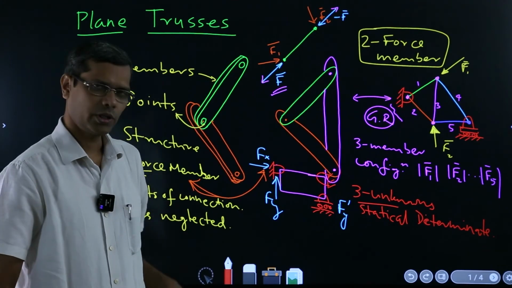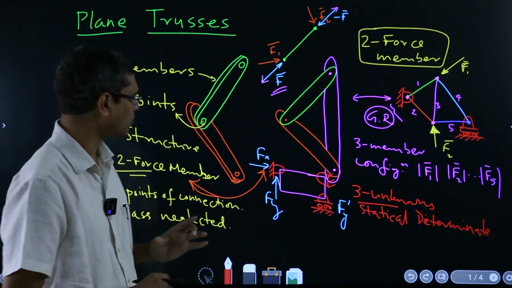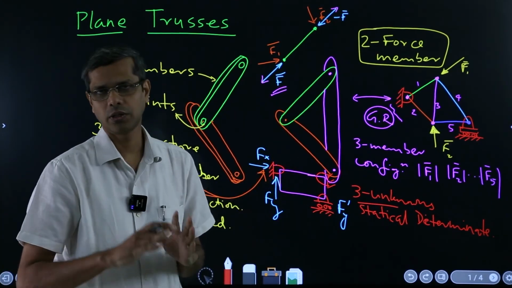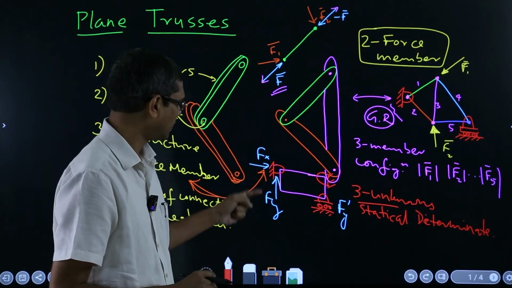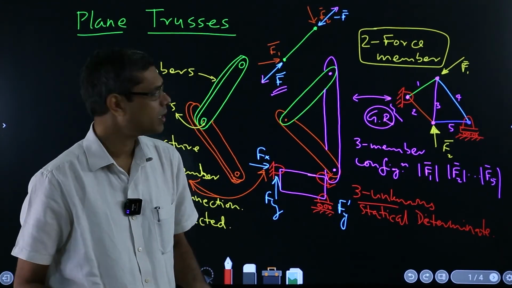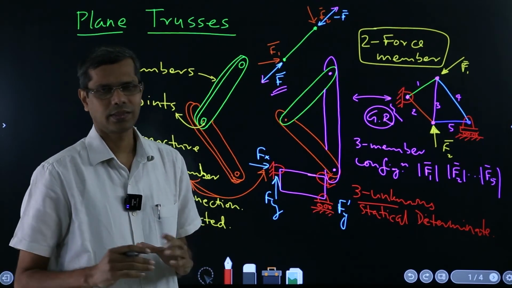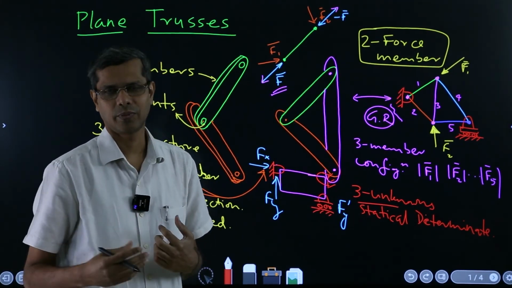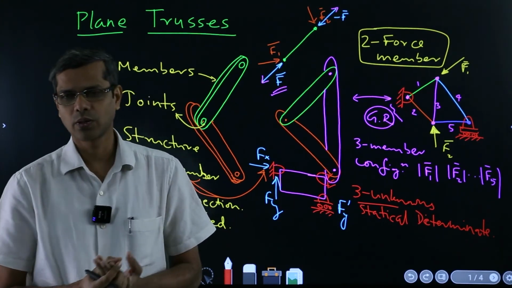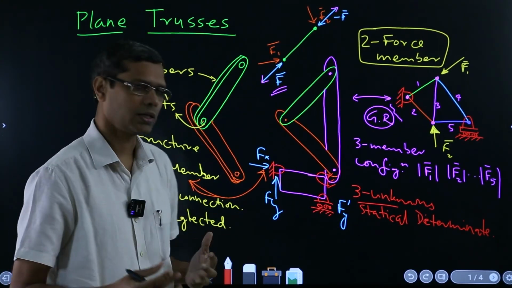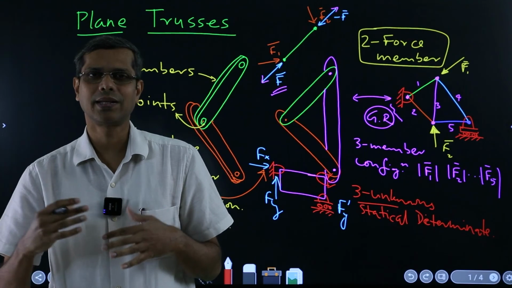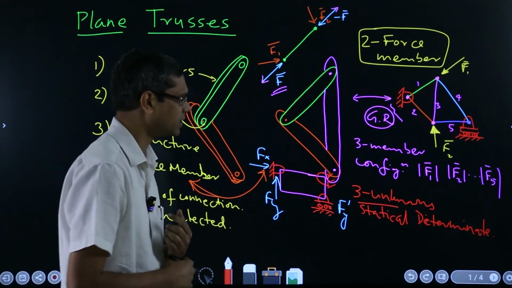So if you are able to solve all the unknown forces, okay, that is from the ground and in all the members of the truss, then the system is called statically determinate. Once we go ahead, we will see the conditions under which a system will be statically determinate or statically indeterminate.